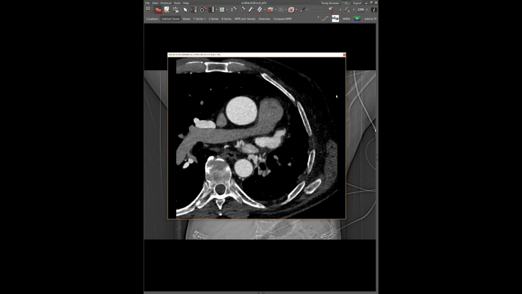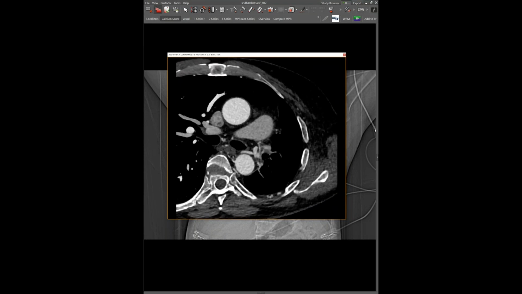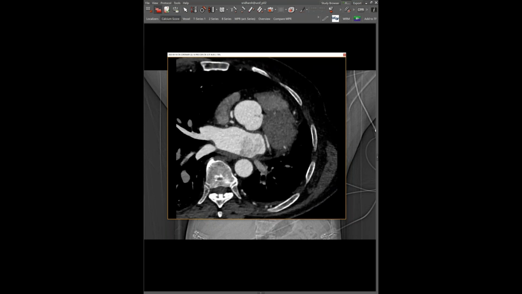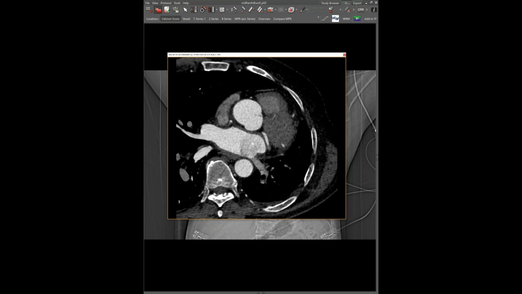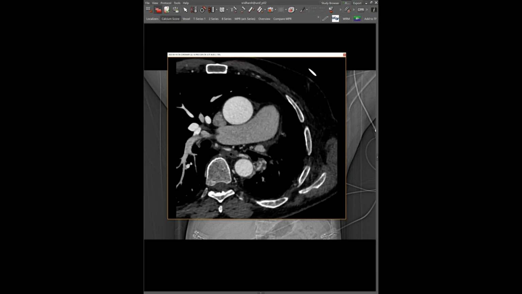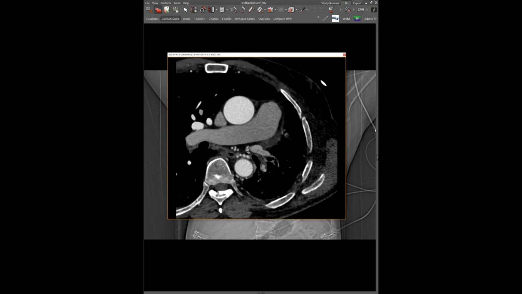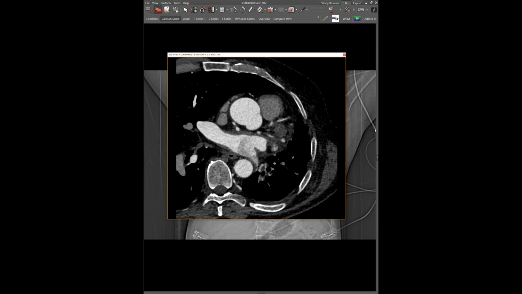So this is a congenital absence of the left pulmonary artery, and the left lung is being partially supplied by a branch of the RCA, and presumably that's what's causing this guy's symptoms. There may be some coronary steal going on because the left lung is taking some of the flow from the right coronary system.